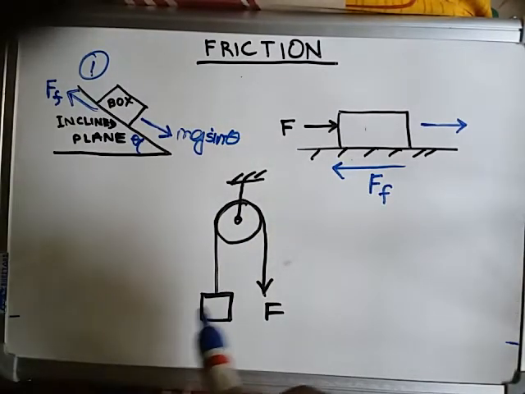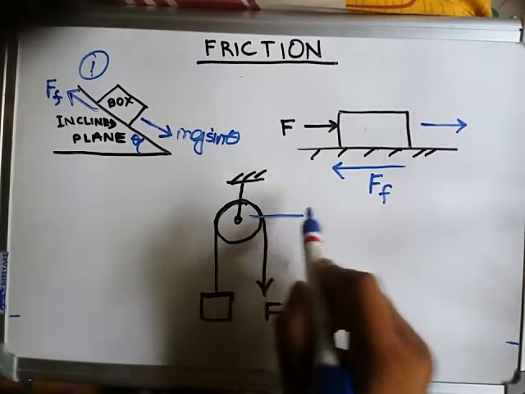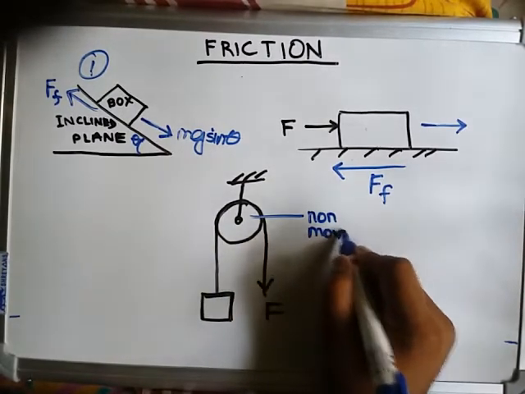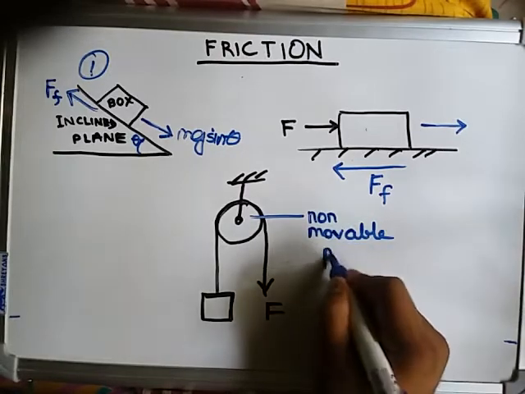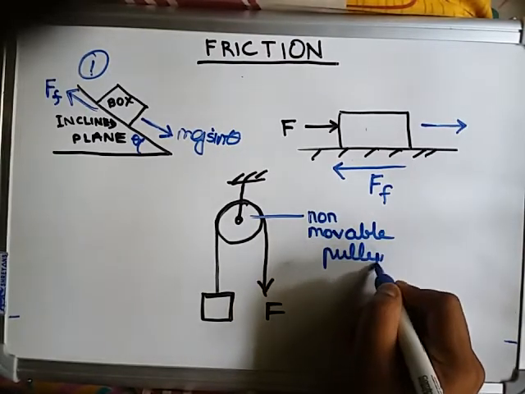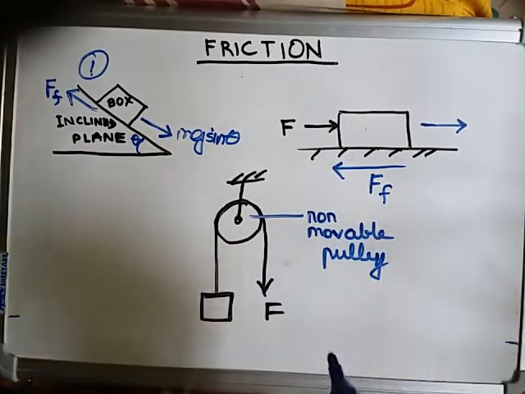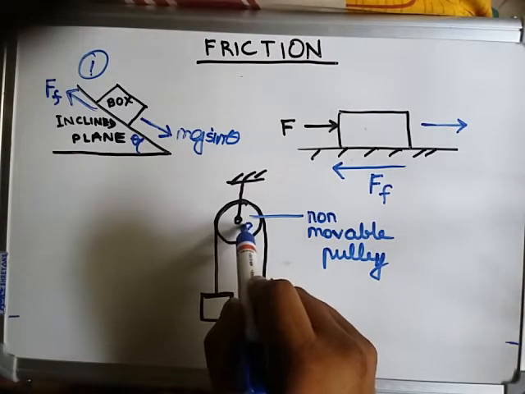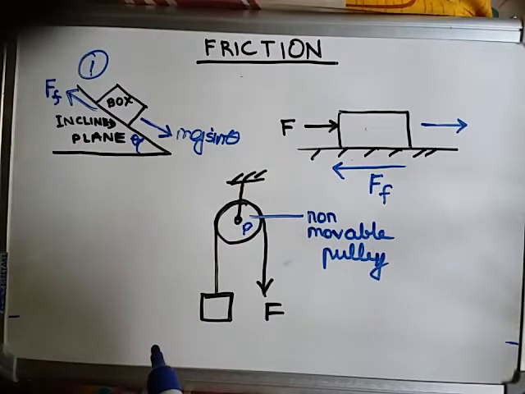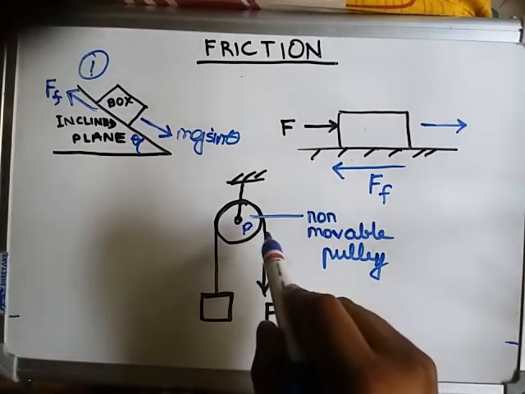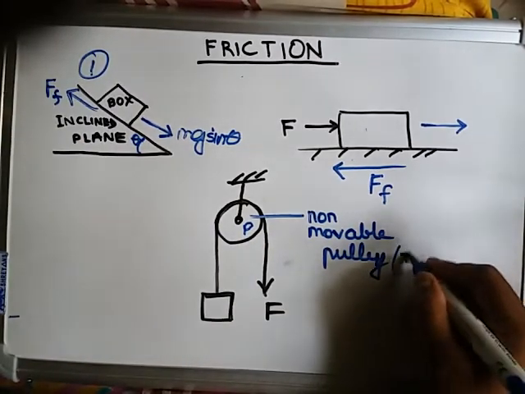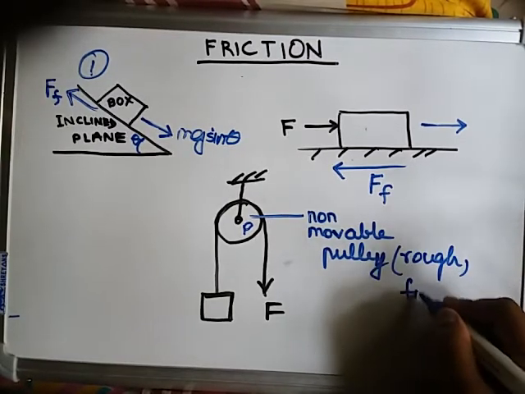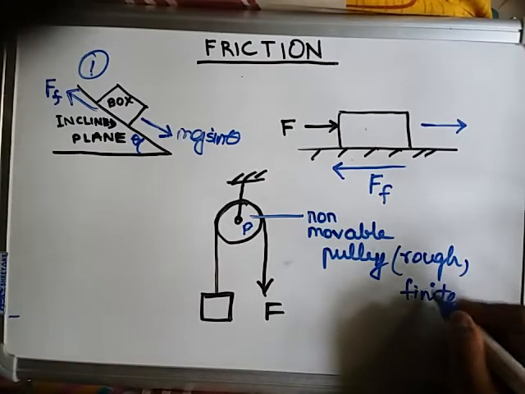Now let this be a non-movable pulley, that means the pulley cannot rotate about this point P. One thing, this pulley is also rough, and it has a finite mass, it is not massless.